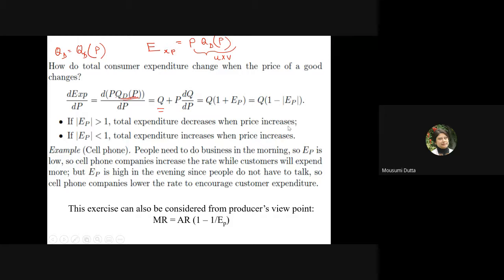So from this equation, if I take Q common, I get 1 plus P by Q dQ by dP. Are we getting this? Yes, ma'am.